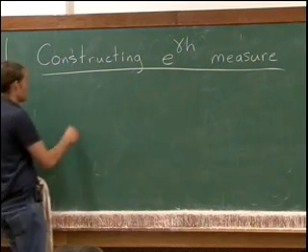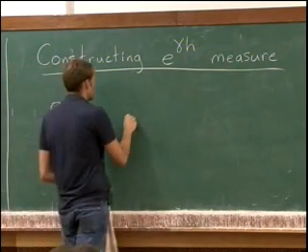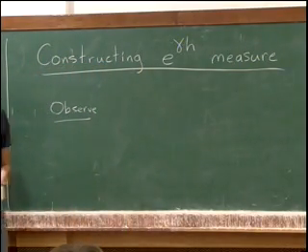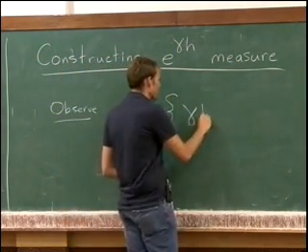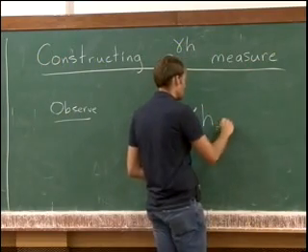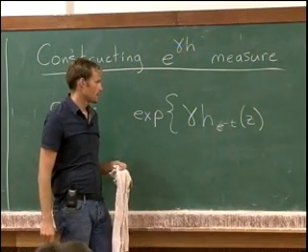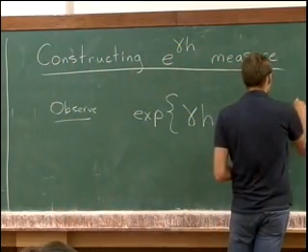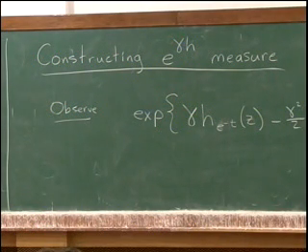So what you do here is you just observe that because this h of e to the minus t is a Brownian motion, the exponential of gamma times h of e to the minus t of z, minus gamma squared over 2 times t, is a martingale.